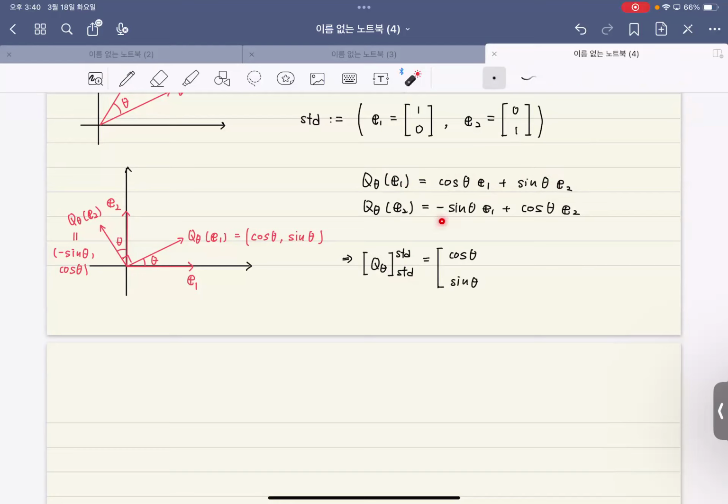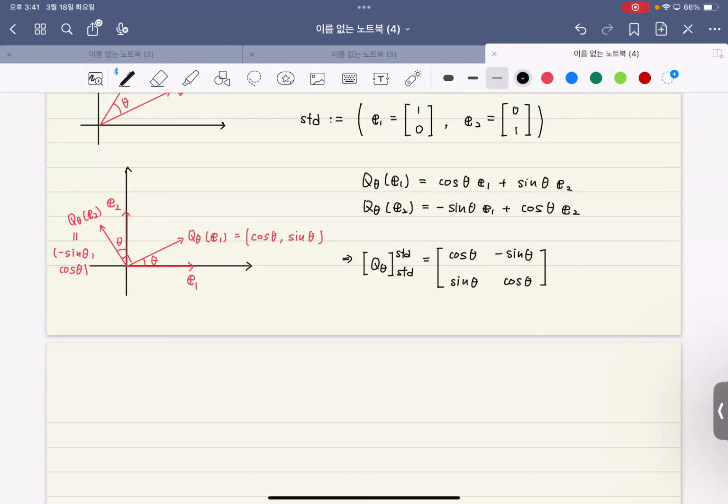And I have minus sine and cosine, therefore the second column has to be minus sine on the top and cosine on the bottom. So this is the matrix representation of the rotation by theta radians in terms of the standard basis.